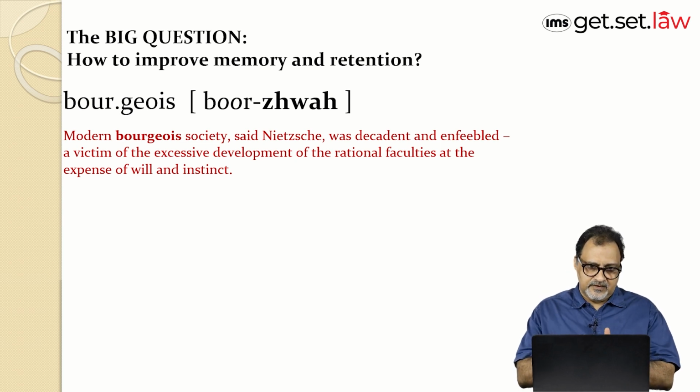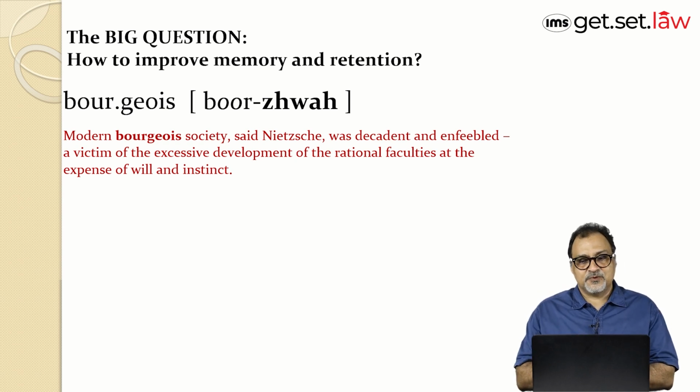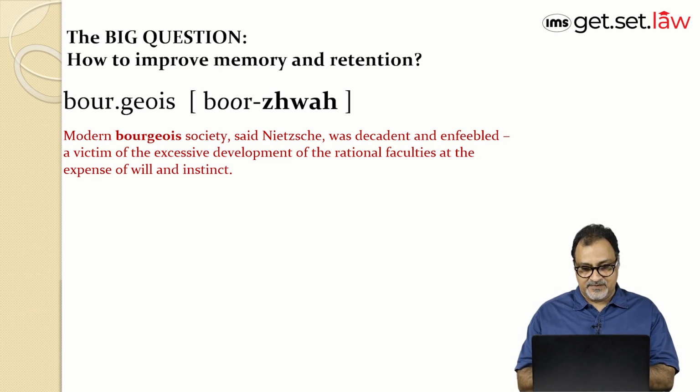For example, if we say, "Modern bourgeois society, said Nietzsche, was decadent and enfeebled, a victim of the excessive development of the rational faculties at the expense of will and instinct." Quite a boring, long sentence. But if we look at the overall meaning: first, the name is Nietzsche, that's how his name is pronounced.